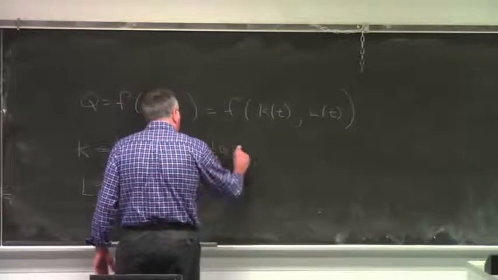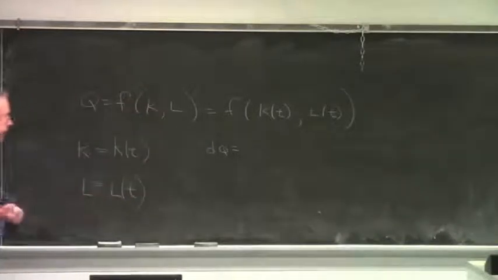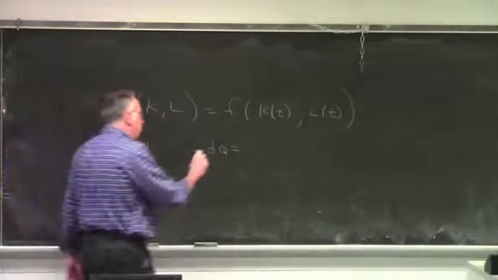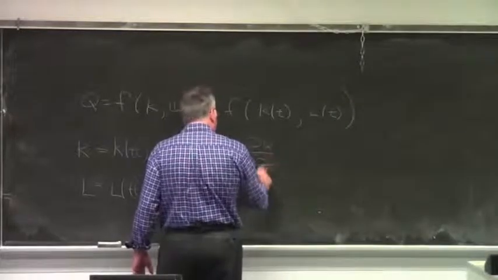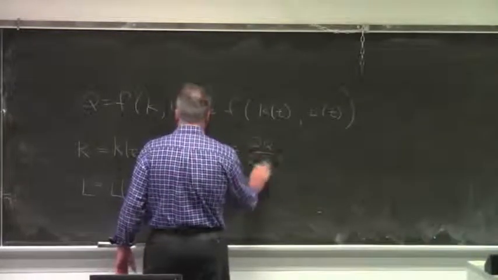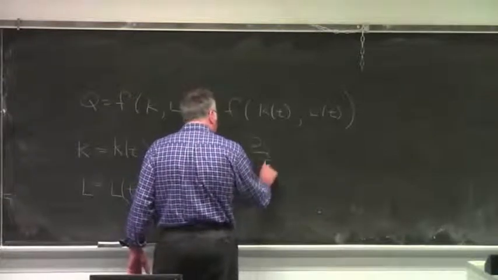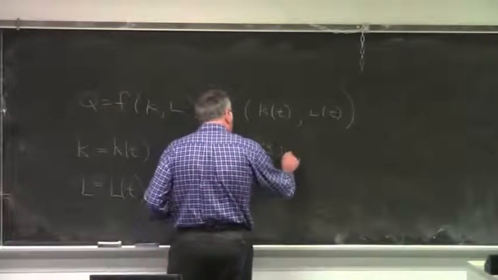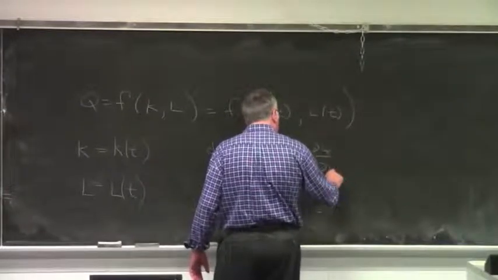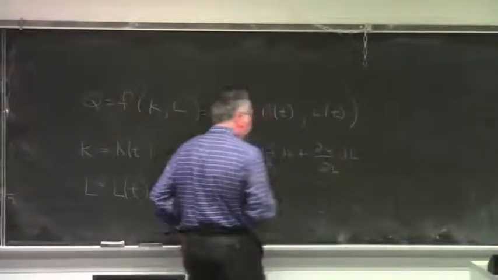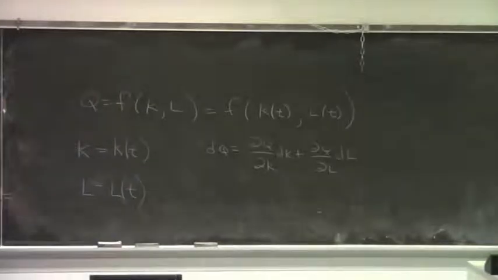And again, let's just start with dQ. And since you all know this by now, dQ is just partial Q partial t dt, plus partial Q partial K dK, plus partial Q partial L dL. So we'll just start with that.